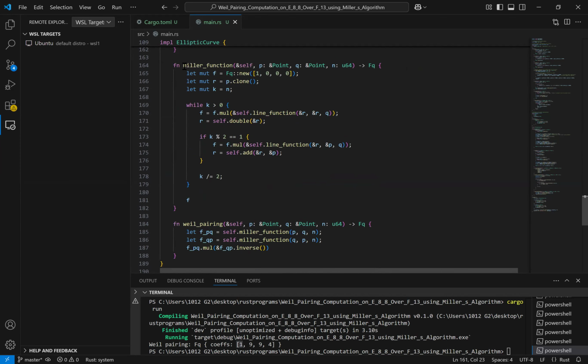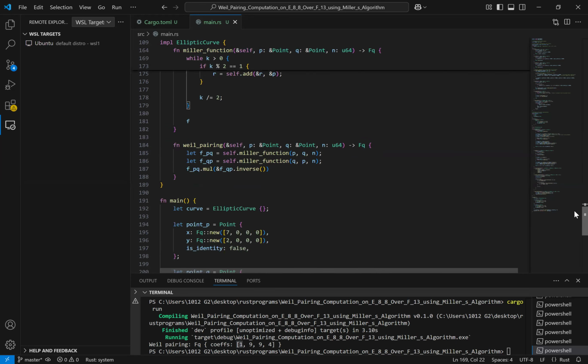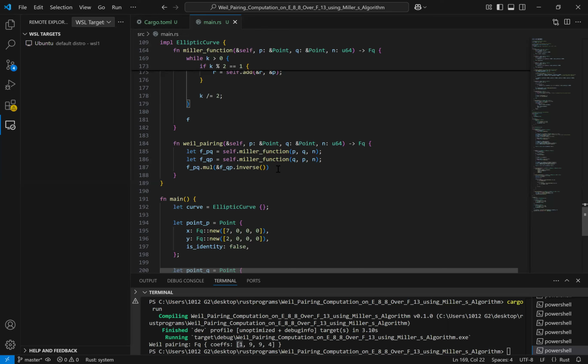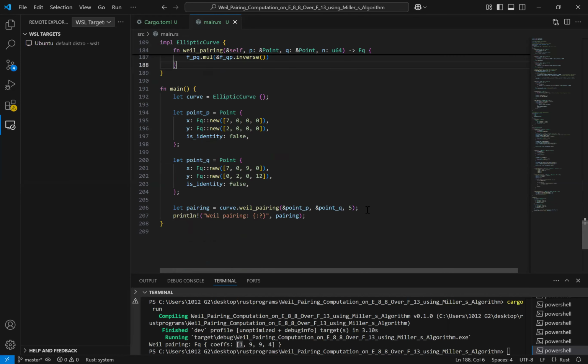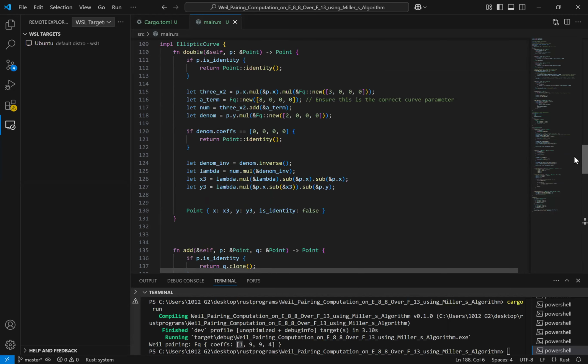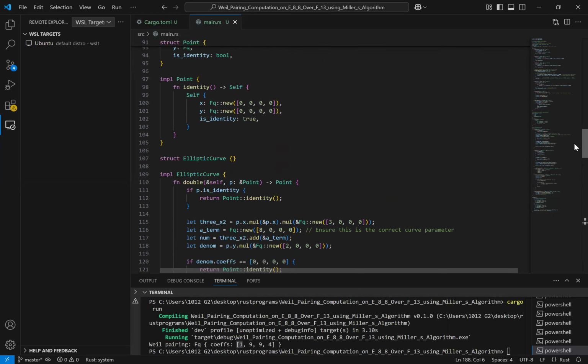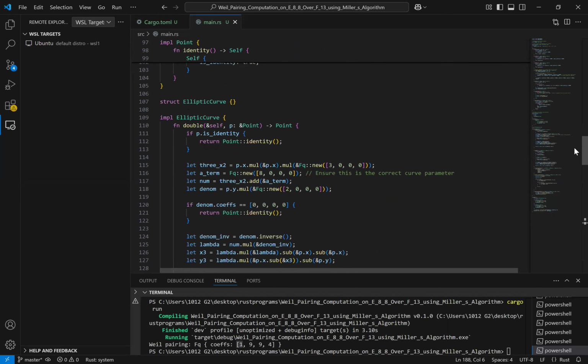And then you give it to the Miller function. We said what it will be doing. Then you ask it to do Weil pairing. Give it how it will be doing the Weil pairing, then you give it the points. It should be able to do that for you.